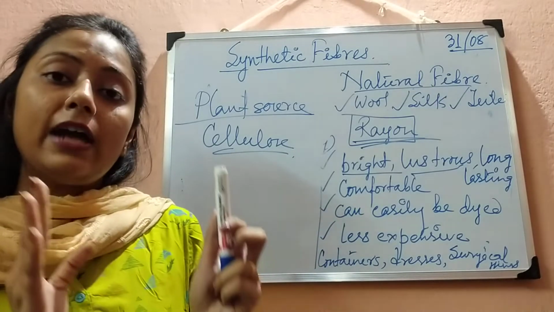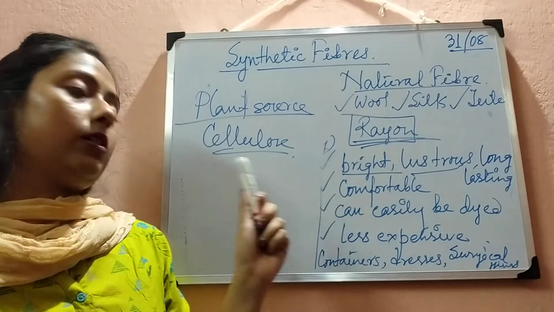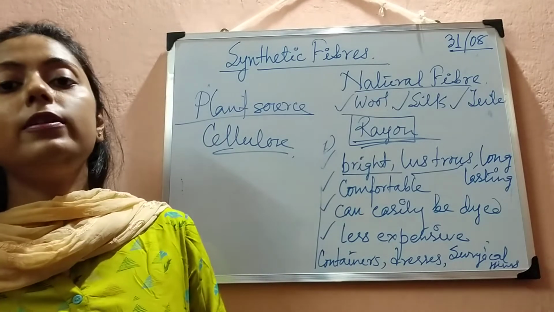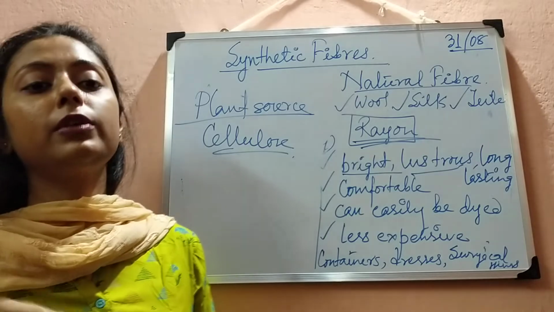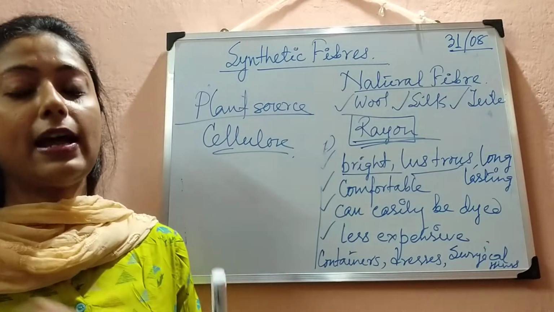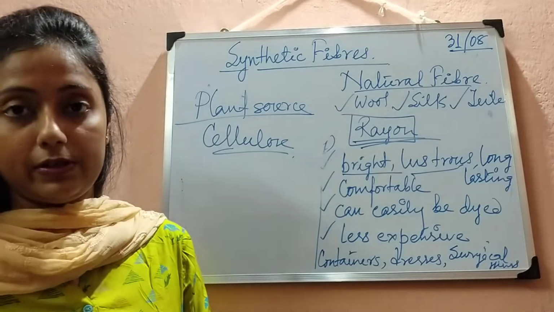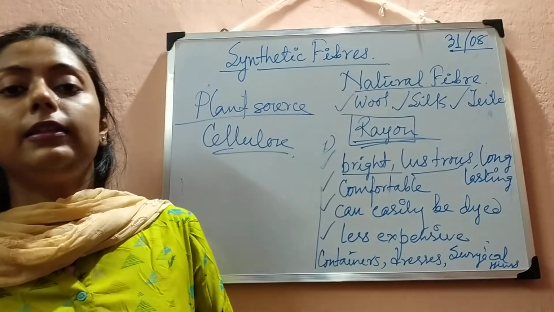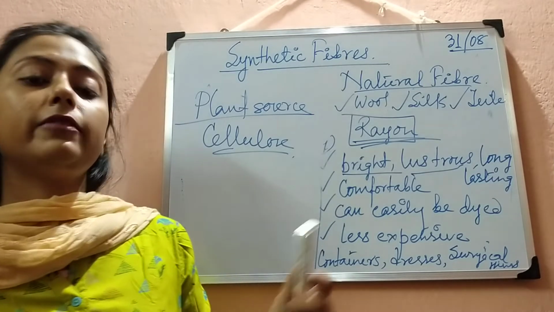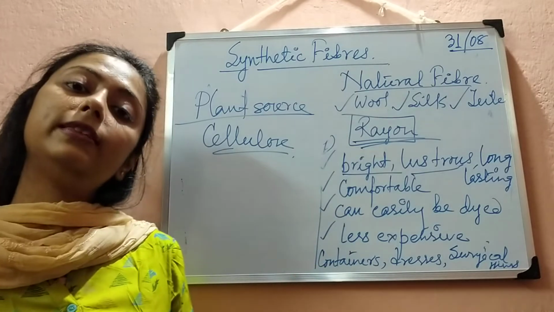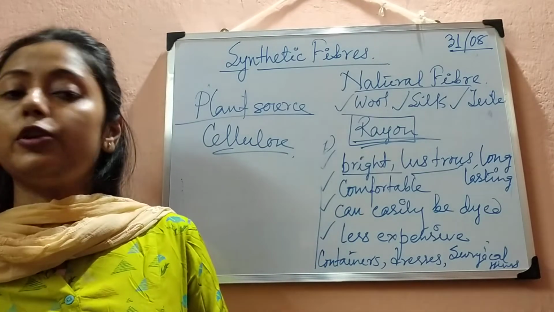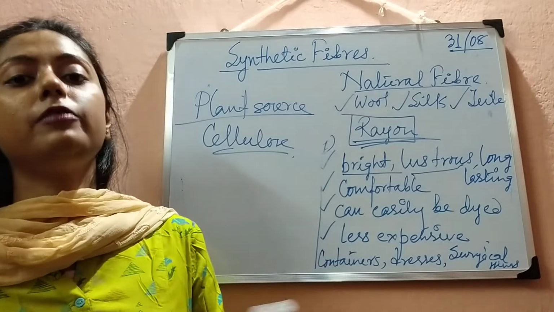So I taught you rayon in the very first way, and rayon is present in your book in the number 1 synthetic fibers. That's why, because it is intermediate between the natural and synthetic fibers. In the next classes, the rest of the fibers, that is the purely synthetic, the source is synthetic and the procedure to obtain that is also very artificial.